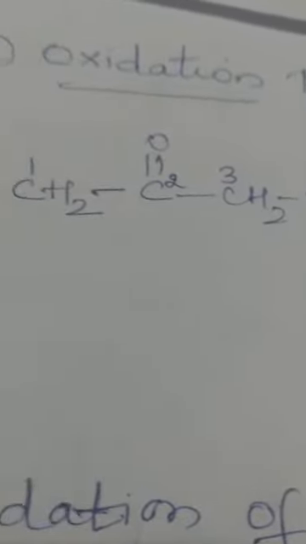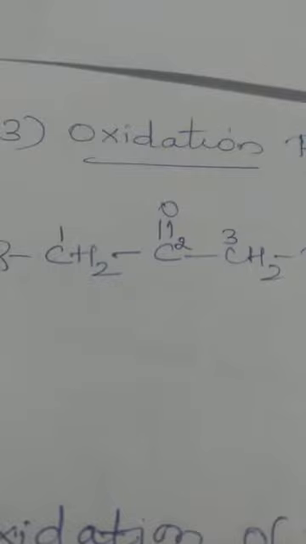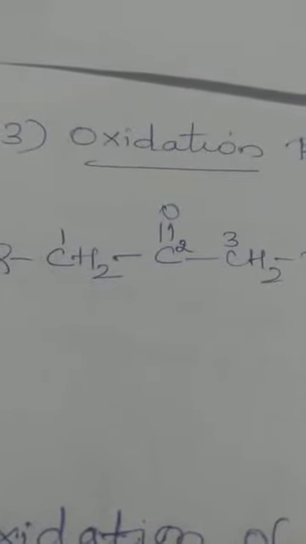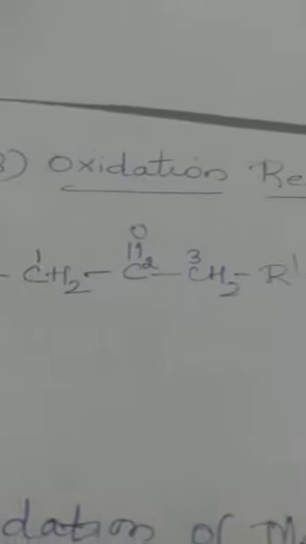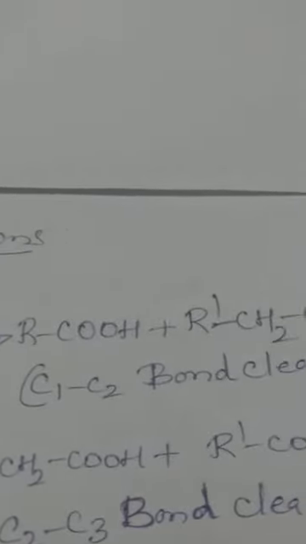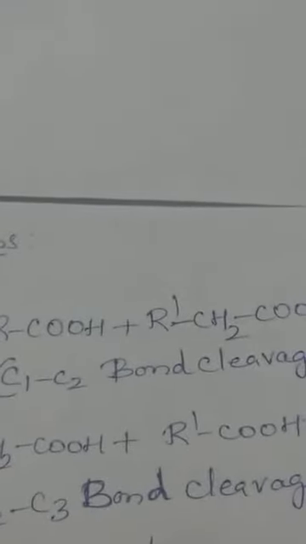Depending upon the cleavage of the carbon-carbon bond with respect to the carbonyl group, as I have indicated here, it can be C1-C2 bond cleavage. If C1-C2 bond cleavage takes place, then you will get the corresponding products as RCOOH and R-CH2COOH due to C1-C2 bond cleavage.